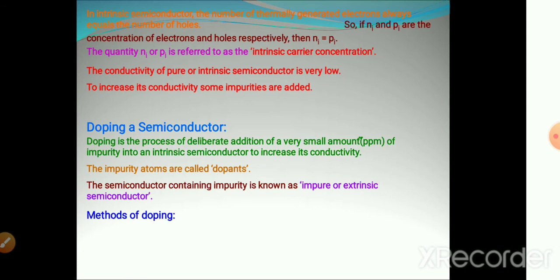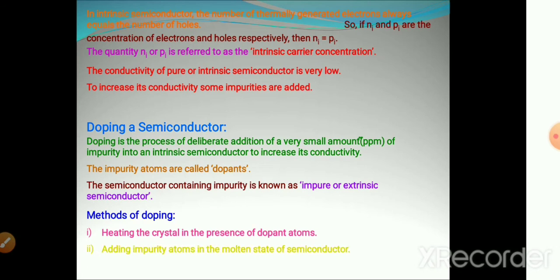Now this impure semiconductor is called an extrinsic semiconductor. Different methods of doping are heating the crystal in the presence of dopant atoms, adding impurity atoms in the molten state of the semiconductor, and bombarding the semiconductor with ions of the impurity atom.